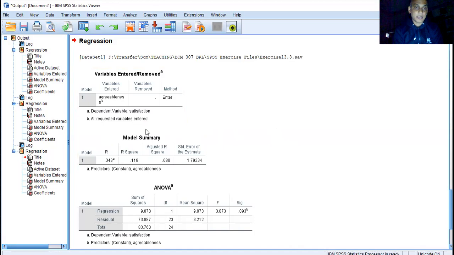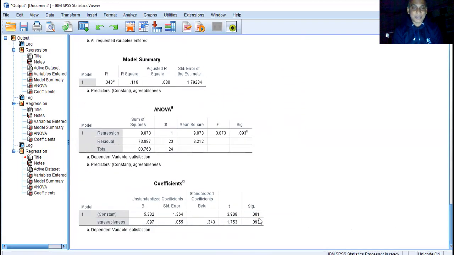And if you look at the model summary here, the value of r happens to be 0.343 and r square happens to be 0.118. So that's there. As far as the value of ANOVA is concerned, at F value of 3.073, significance is 0.093. And if you look at the t value also, t value is 1.753 with a significance of 0.093.